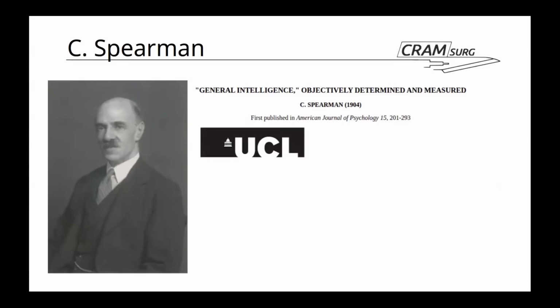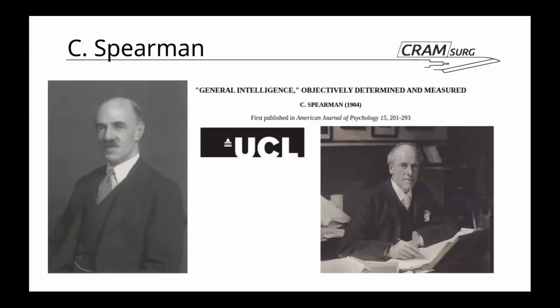He worked at UCL, and as you recall, Carl Pearson also worked at UCL. The two had a fairly troubled relationship across time. When Charles Spearman came to UCL, Carl Pearson was already a very well-established academic.